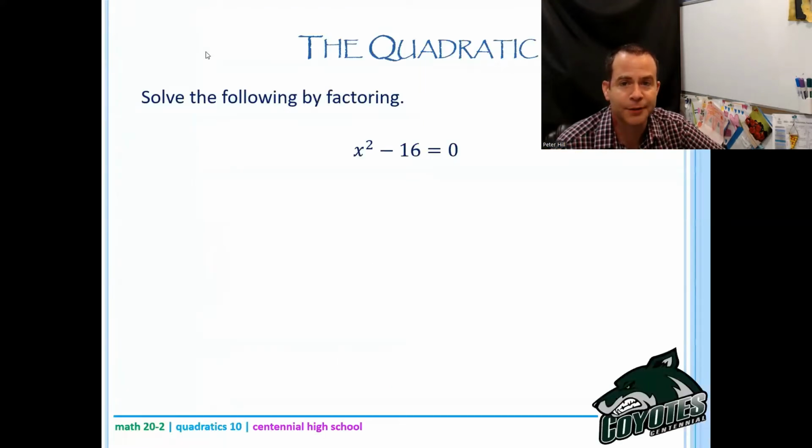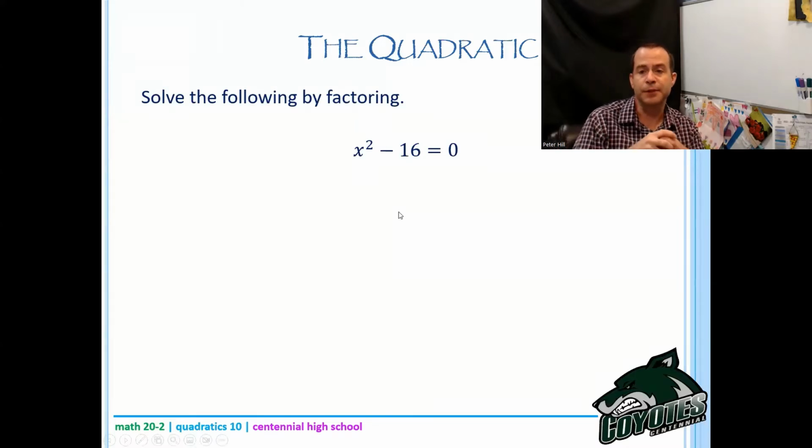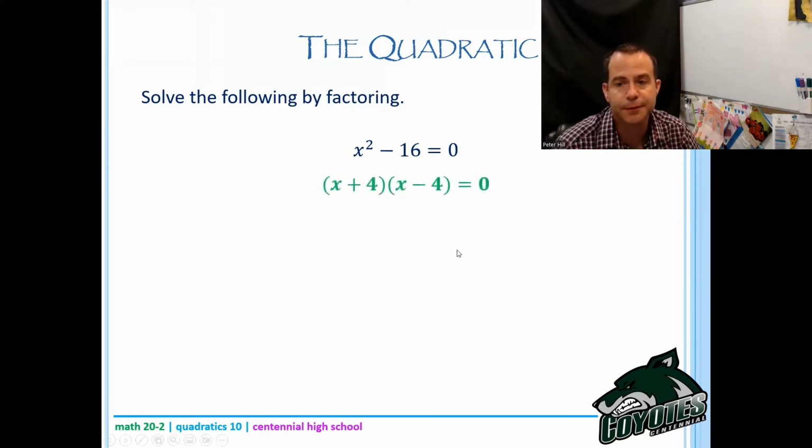Quick review of factoring. If I was to ask you to solve this by factoring, you would look at this and say, oh, okay, I can do that. This is a difference of squares. So I've got x squared minus 16 equals 0. That will factor into x plus 4 and x minus 4. So x plus 4 times x minus 4 equals 0, that's the zero product principle.